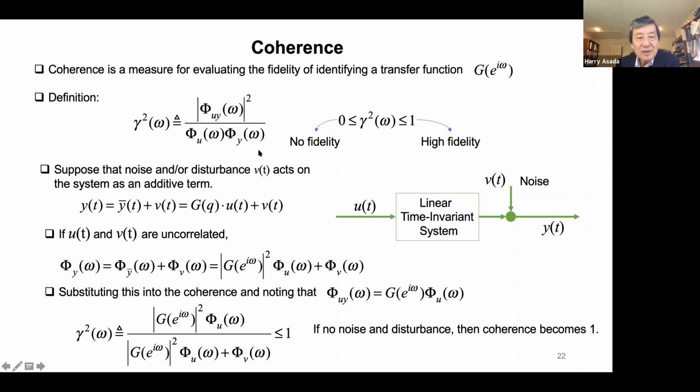So let's substitute this into this coherence gamma square. Now, this term sitting here is basically, we have this term over here, right?